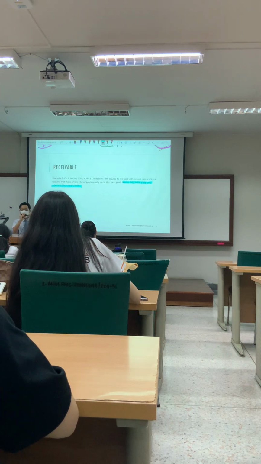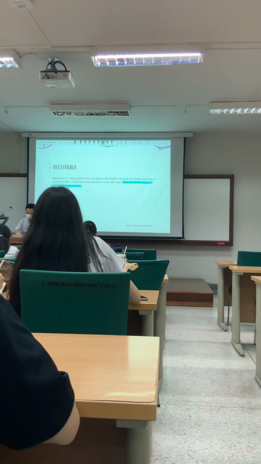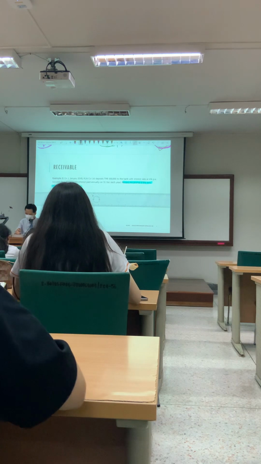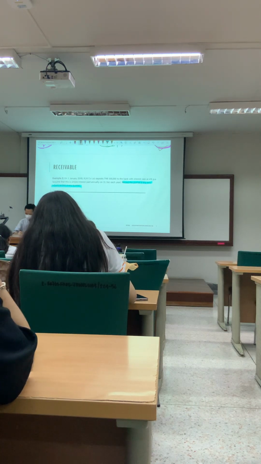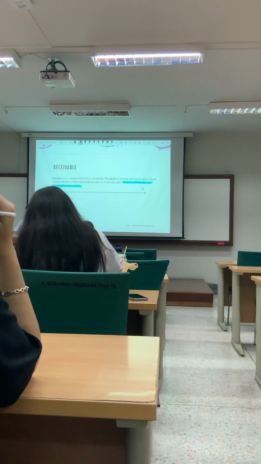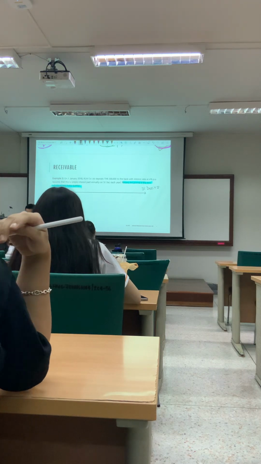So every quarter you need to record an adjusting entry. If I draw the timeline, that will be the same. This is the 1st of January 2008. This is the end of the year.